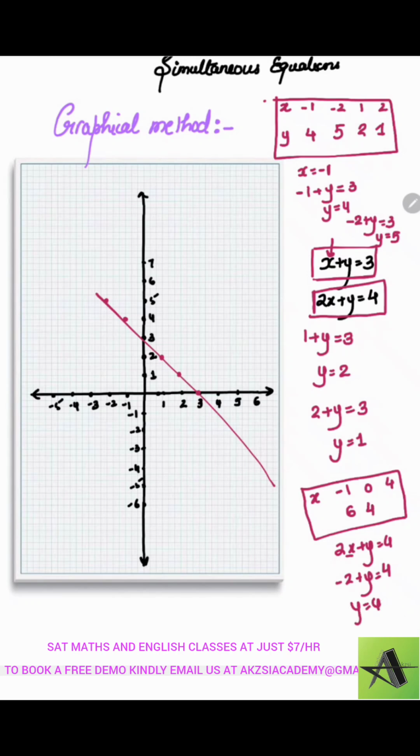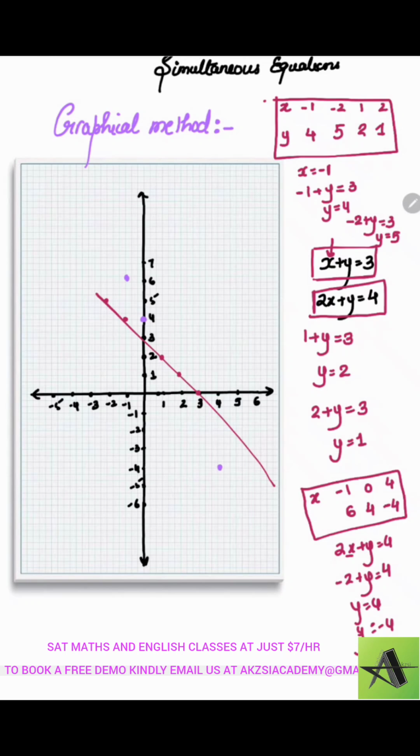And on putting x equals 4, we'll get 8 plus y equals 4, so y equals -4. So we have these 3 points: (-1, 6), so at -1 it's 6 here; (0, 4) here; and (4, -4). So 4 and then -4 would be here.